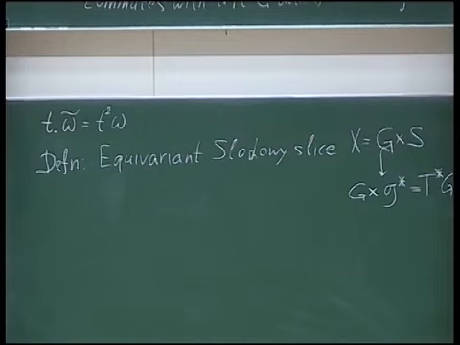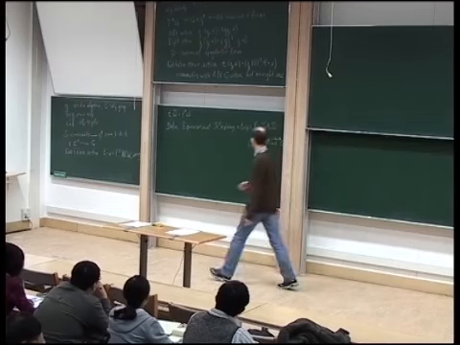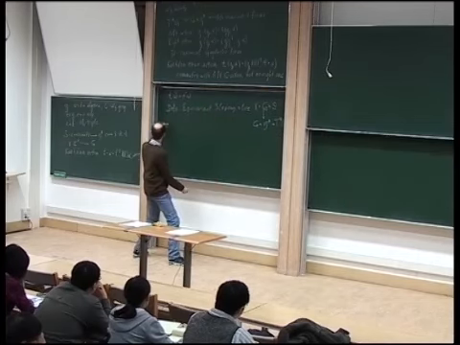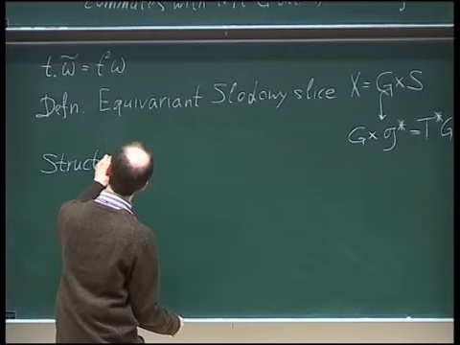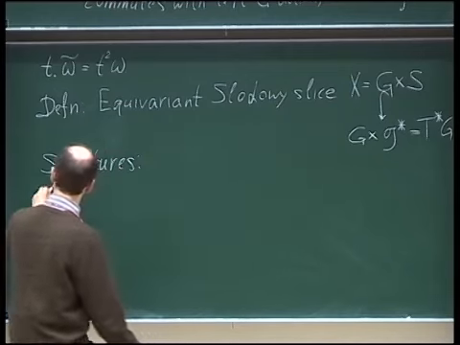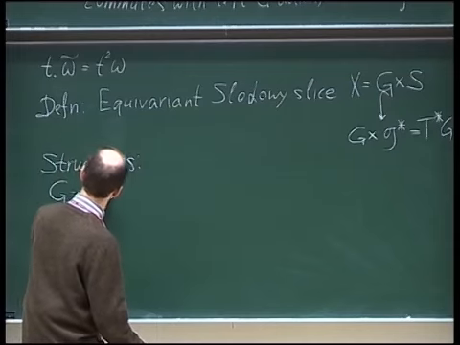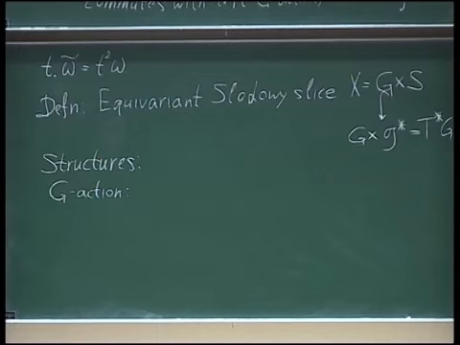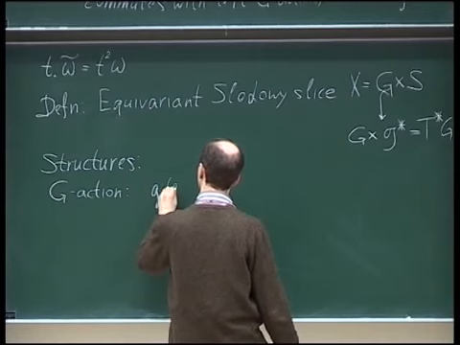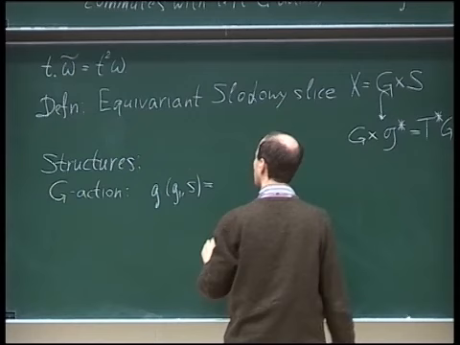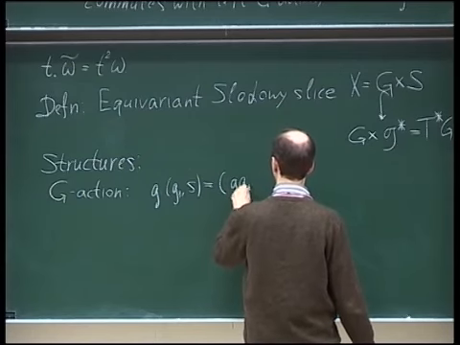Now, let's see, what structures do we have on X? Well, first of all, we have a G action. And this is the usual left action. So G applied to (G1, S) is G G1, S.